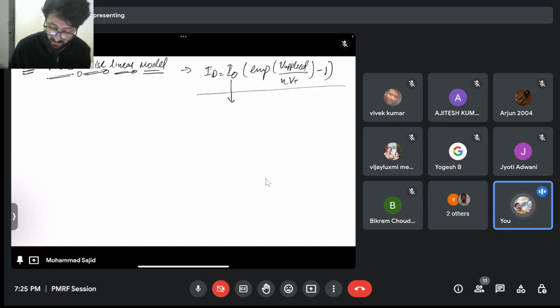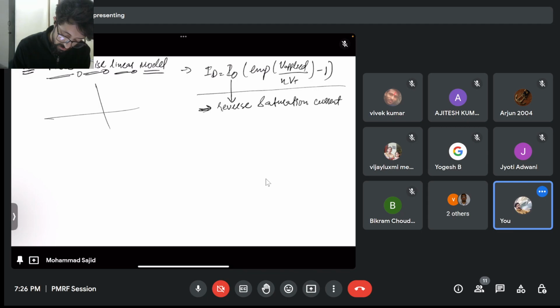And does anybody know why this is called the reverse saturation current? This is actually not a reverse saturation current. Reverse saturation current means that this is your diode characteristics, and in reverse bias as well there is some current flowing through the device, right?